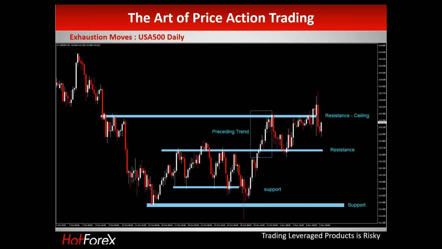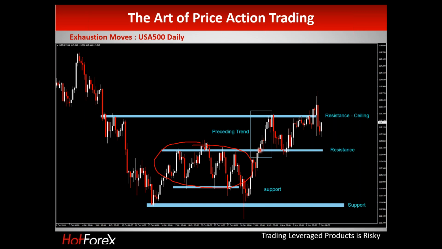This is another example, dollar yen. You see, I have multiple resistance and multiple support levels. Why? Because initially I was over here and found my very first support and resistance levels. After that, my asset managed to break my resistance level, and I took, let's say, I took or not taken, maybe I missed it.